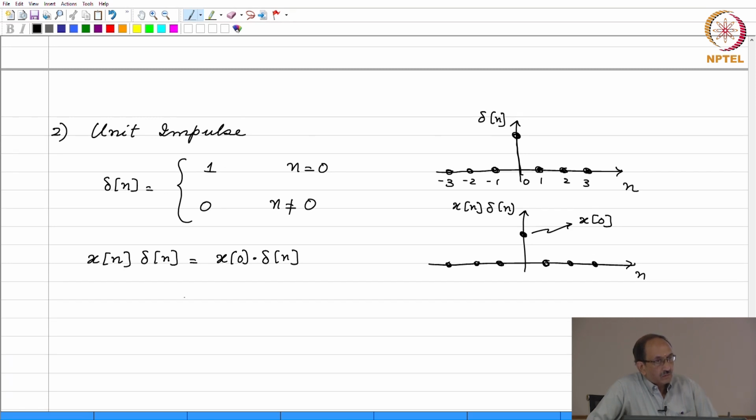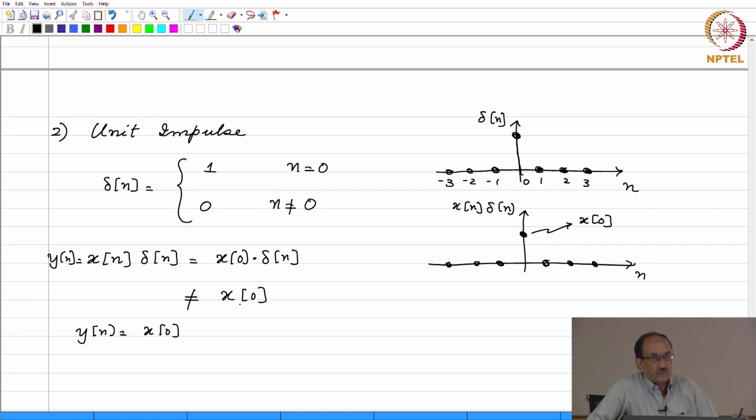And one common mistake that can be made if you are not careful is to say this is x of 0, alright, because if you call this y of n, y of n equals x of 0 means y of n is the constant sequence whose value is x of 0 for all n, whereas what is happening here is you have to get the value x of 0 only at n equal to 0 and not that value at other points.